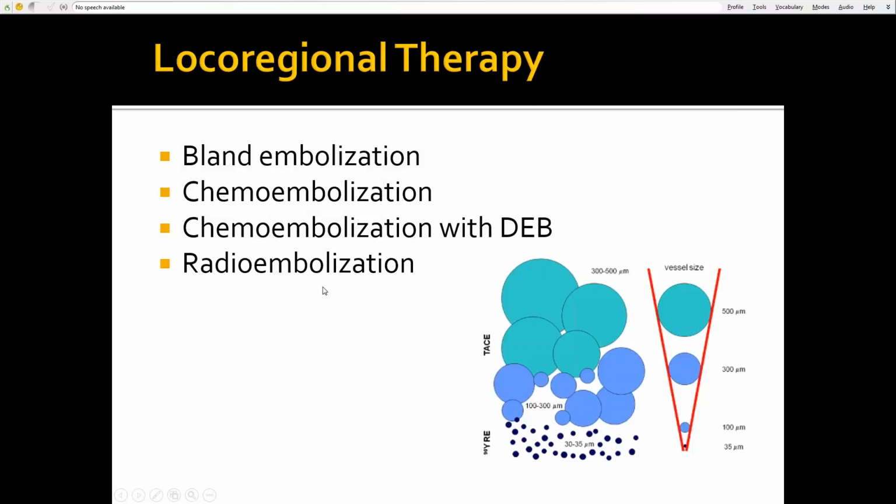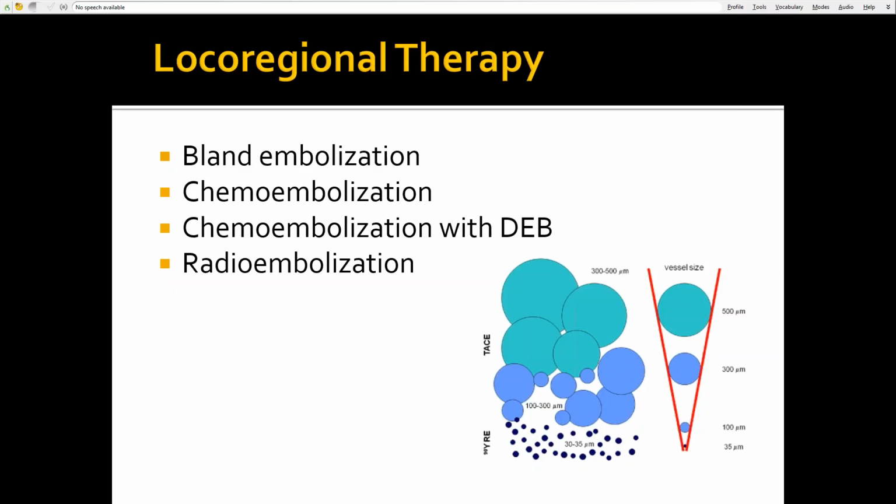So locoregional therapy that we talked about is basically the modalities utilizing the arterial flow to a tumor and trying to either cut off the blood supply or to directly treat the tumor itself without having to undergo systemic treatment for a patient's particular cancer.